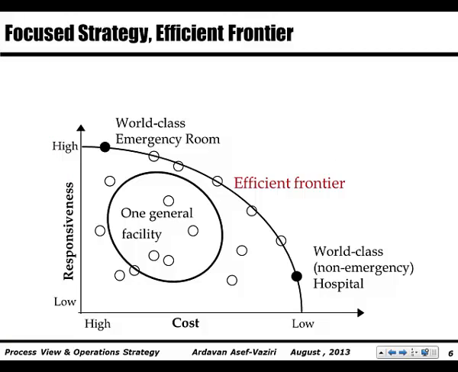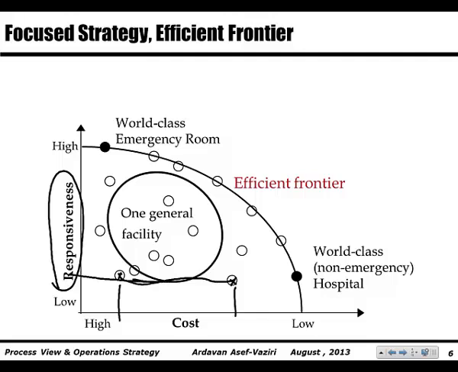Let's see what is an efficient frontier. These are different products or different processes or different firms. For example, these two processes, they do have almost the same responsiveness, but this process is an expensive process, this one is an inexpensive process.